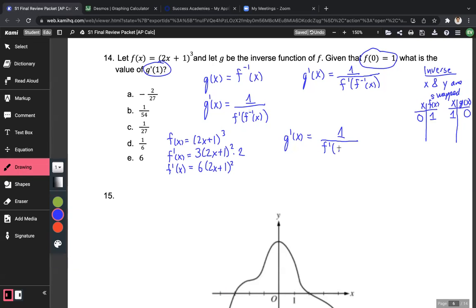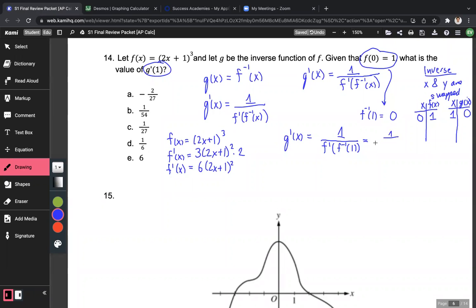All right, that's f inverse of 1. We said again, our x and y values are swapped. So if we're told that f of 0 equals 1, then f inverse of 1 equals 0.